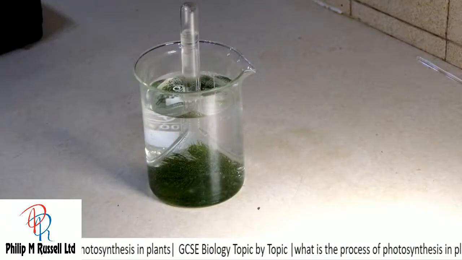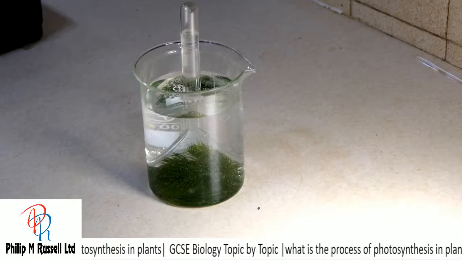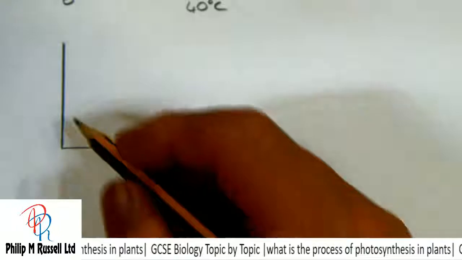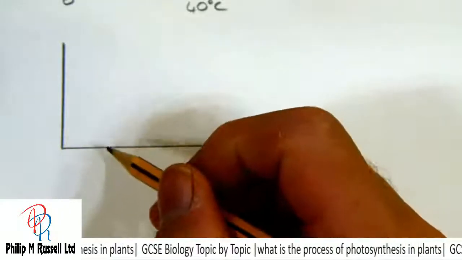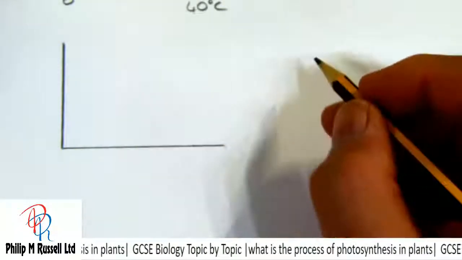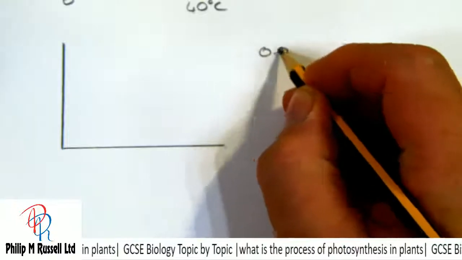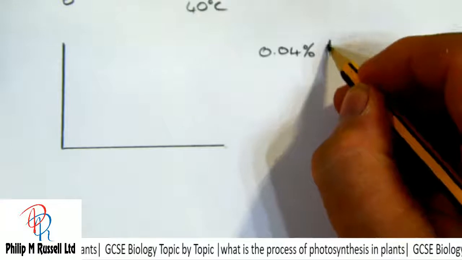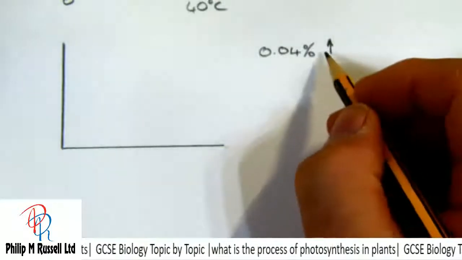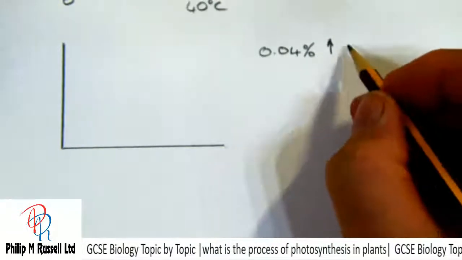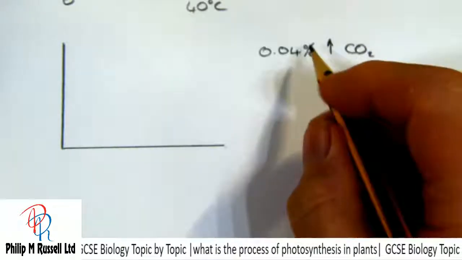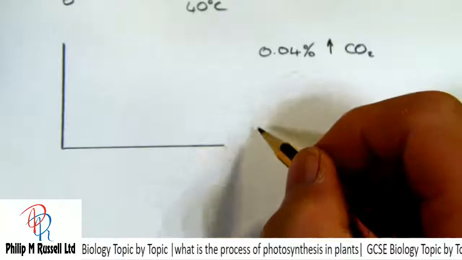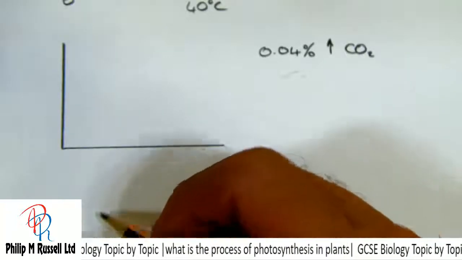To get more carbon dioxide, we need to put perhaps some chemicals into the system. Normally carbon dioxide is 0.04%, and I can increase this by adding some chemicals that release carbon dioxide.